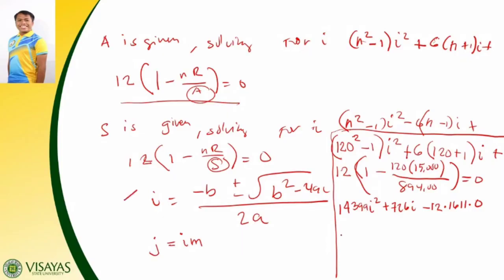So I is equal to negative 726. This is our B. Our A, B, and then C. Okay, so our B is 726.